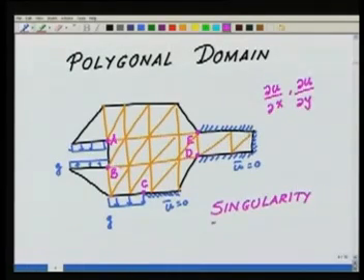That is, in the vicinity of these corners I am going to have a singular behavior of the solution, and then the singular behavior will very quickly die away. That is, it is localized in some vicinity of these corners.